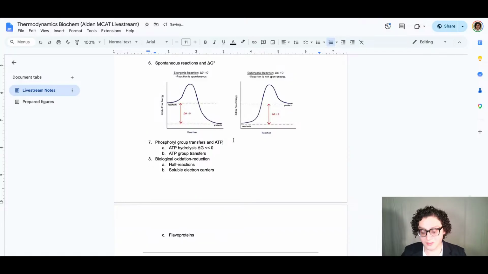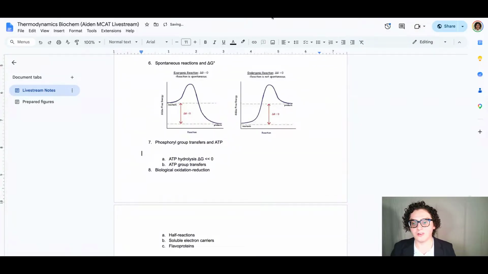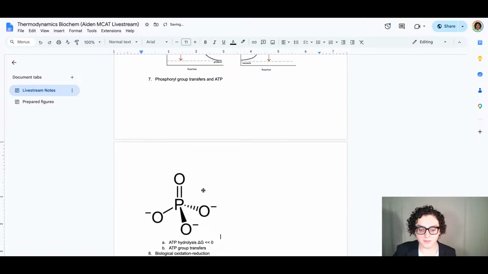Phosphoryl group transfers and ATP. So let's take a look at what they mean by phosphoryl groups. This is a phosphate group.